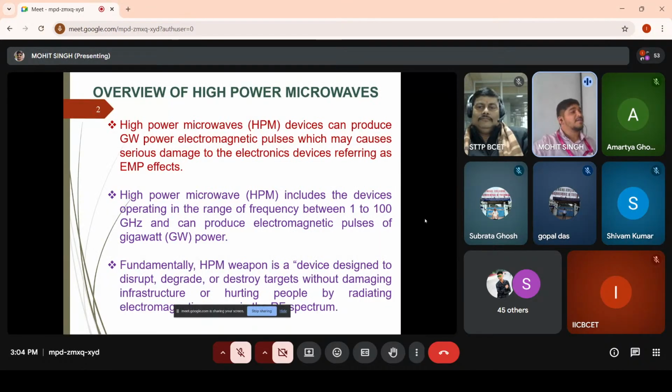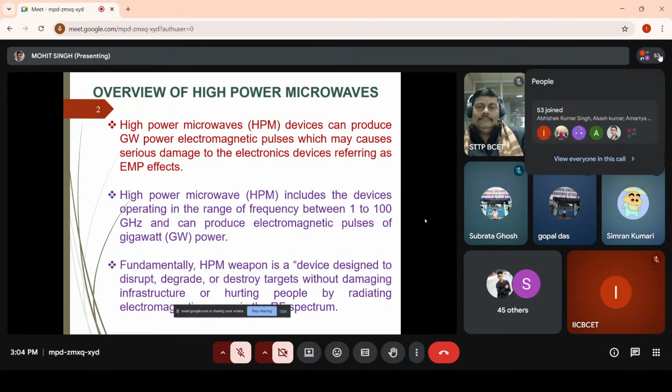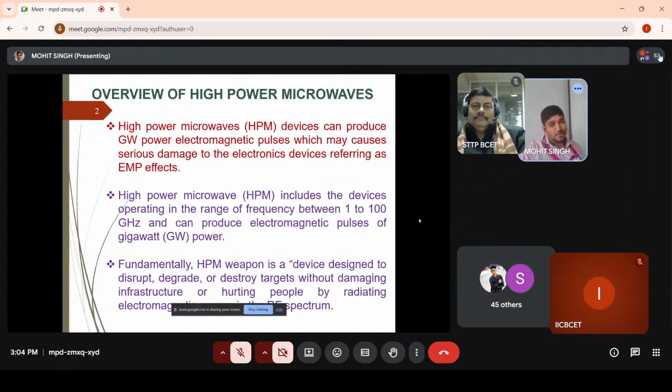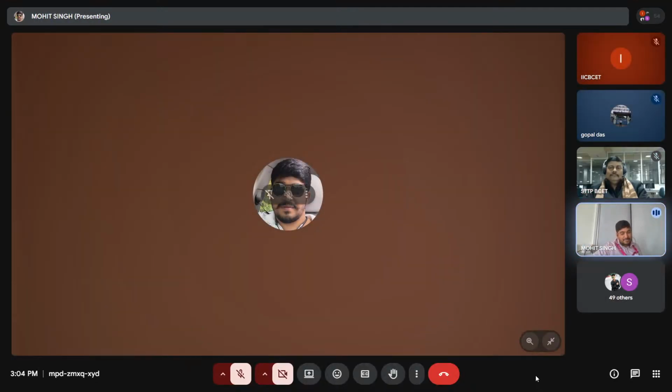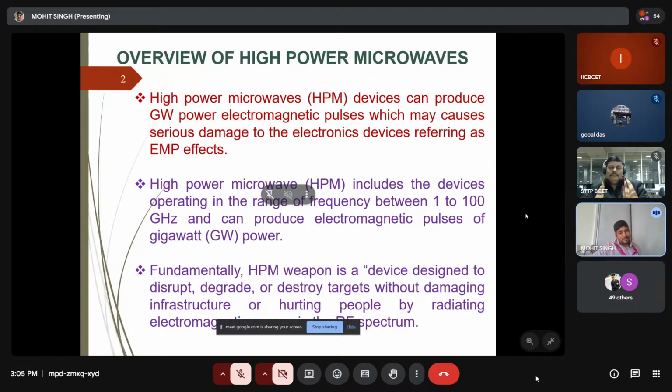First, we will discuss the basic thing: what is high power microwave? The source is a device, but which type of microwave can we call high power microwave? We know the range of microwave, but for high power microwave, two things must be considered.